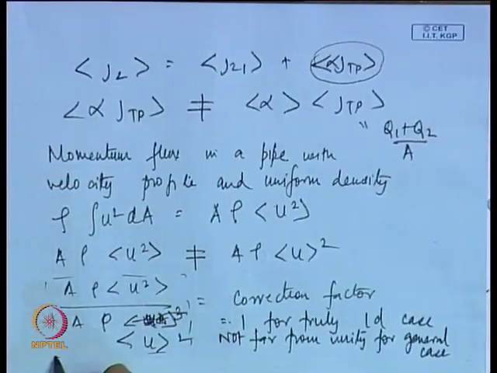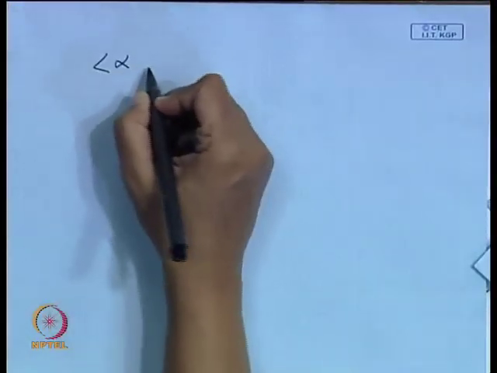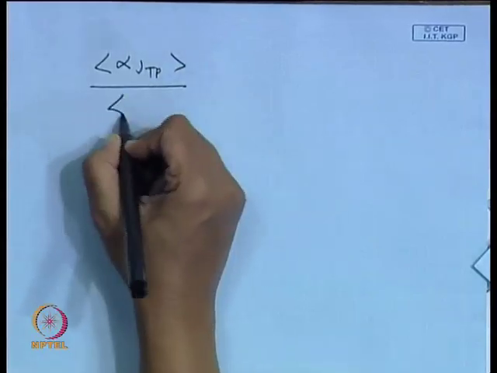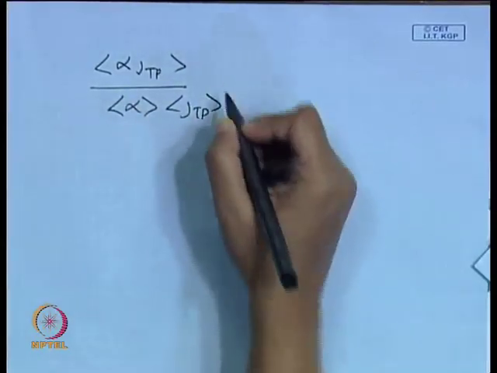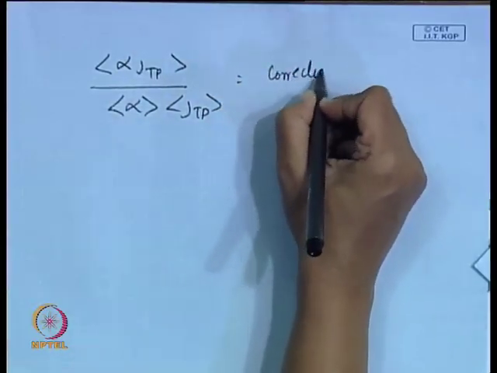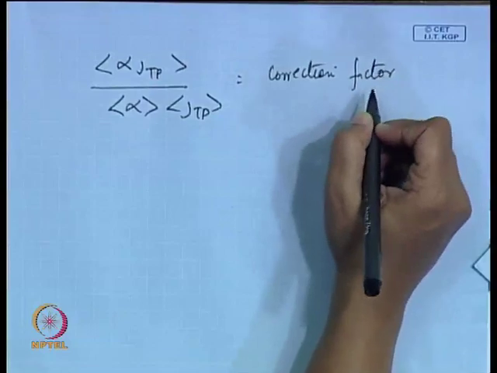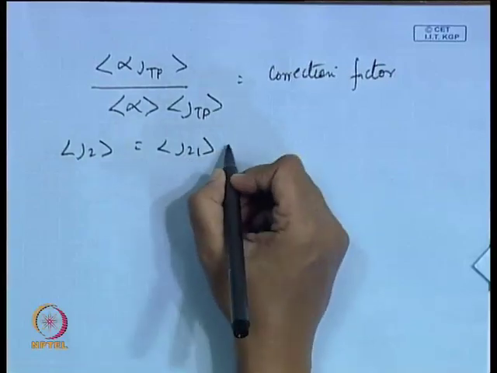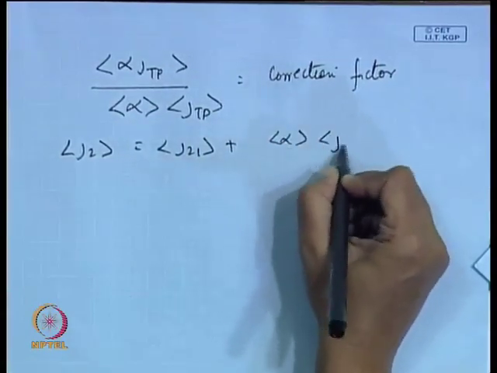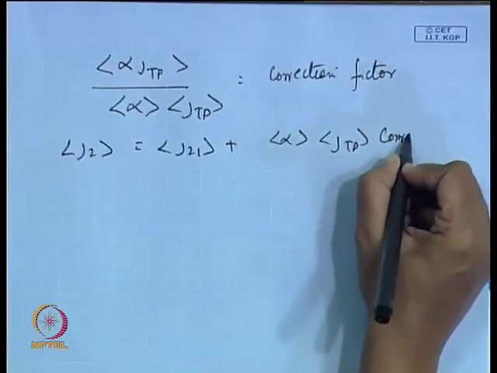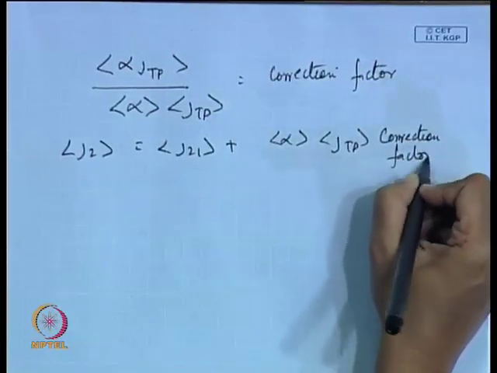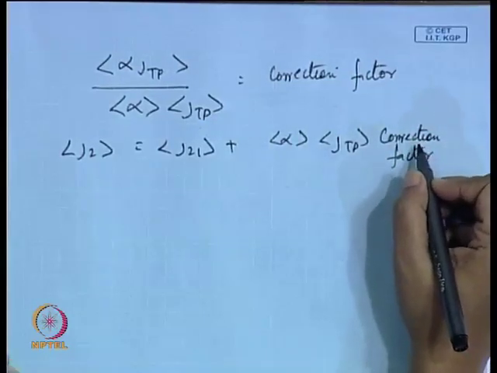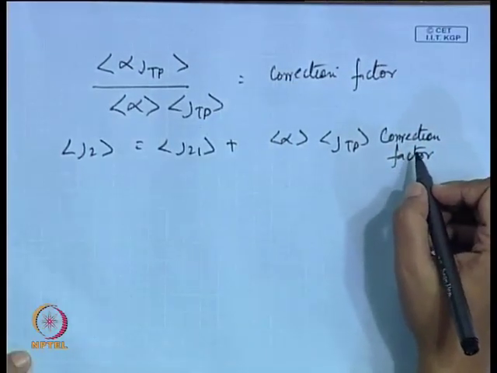Using this concept, it was thought that in the same way we can refer to this ratio as a correction factor, and then using the correction factor we can write the equation as J2 equals J21 plus alpha JTP into the correction factor, where this factor will be equal to unity for the truly one dimensional case and not much removed from unity for the general case.